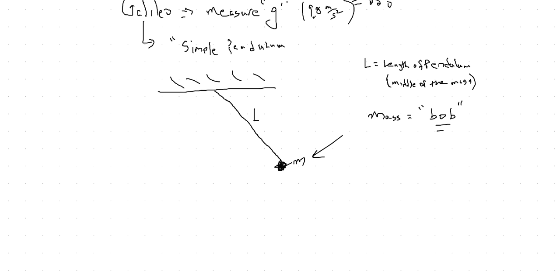Now, if I just draw a straight line straight down and say there's an angle, we measure this angle theta. It doesn't matter what we call it; it essentially measures how far back we pull the pendulum. So theta is called the amplitude of oscillation.